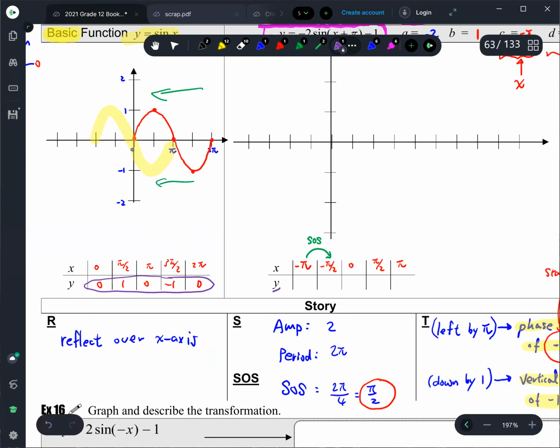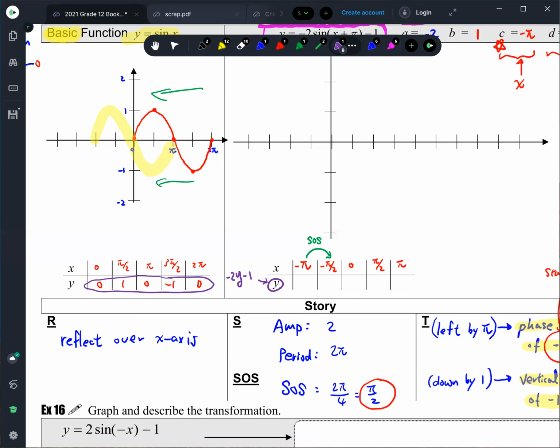So for the y values, you need to times it by the a. The a here is negative 2, so negative 2 times the y. The y is talking about the basic ones. And then you need to move it down, minus 1. When you times it by negative 2, it makes it taller, right? It changes the amplitude, and then move it down.